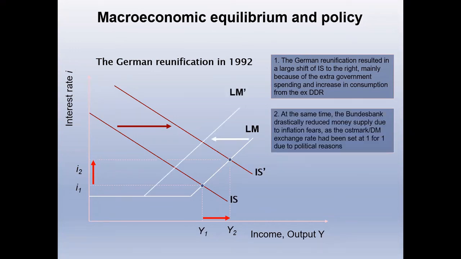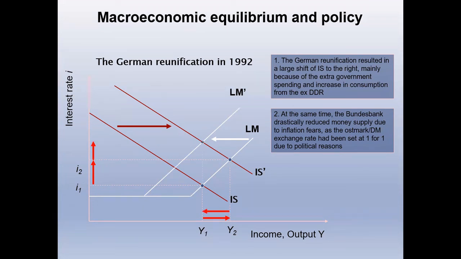At the same time, the Bundesbank, which is similar to the Central Bank of Egypt, dramatically reduced the money supply. So what happened? The money supply dropped for the Deutsche Mark, and the exchange rate had been set at $1 for political reasons. They made a government intervention.